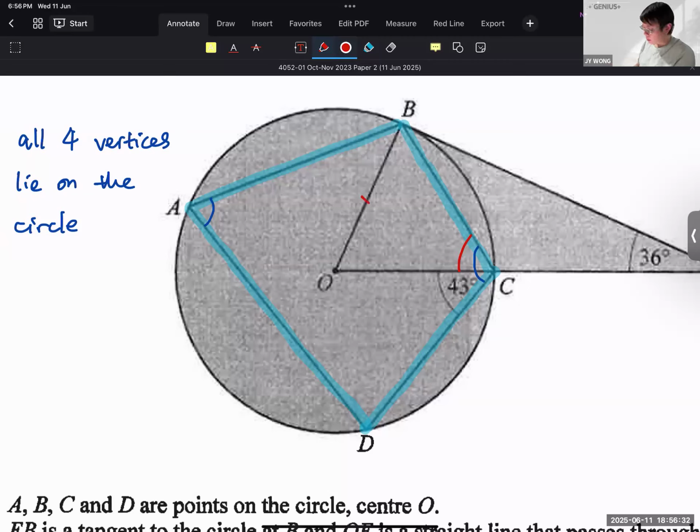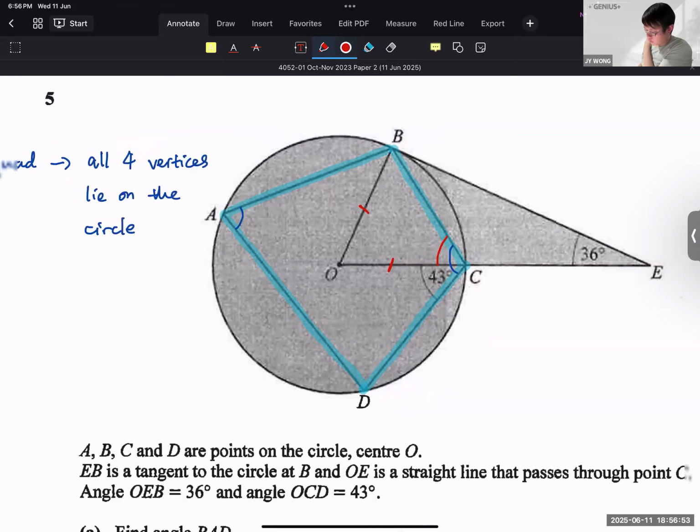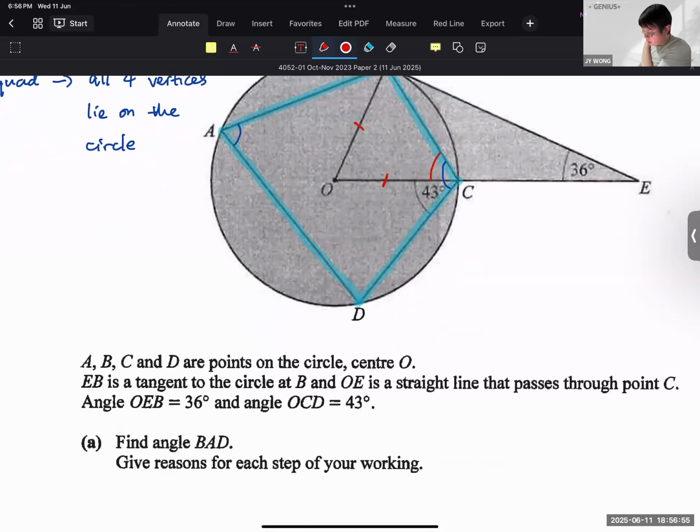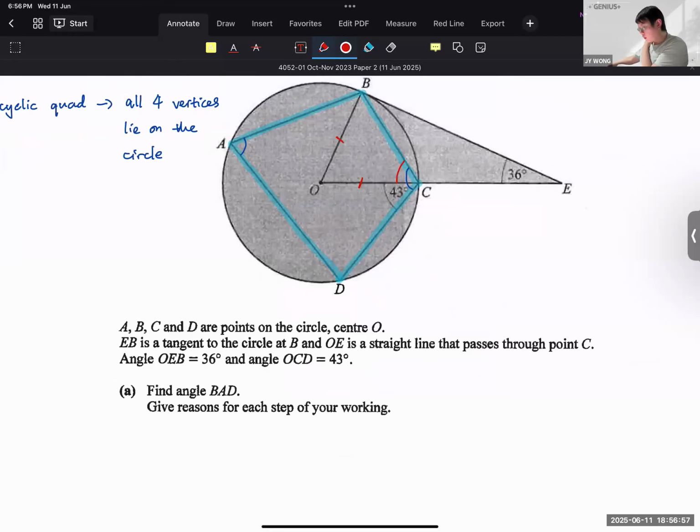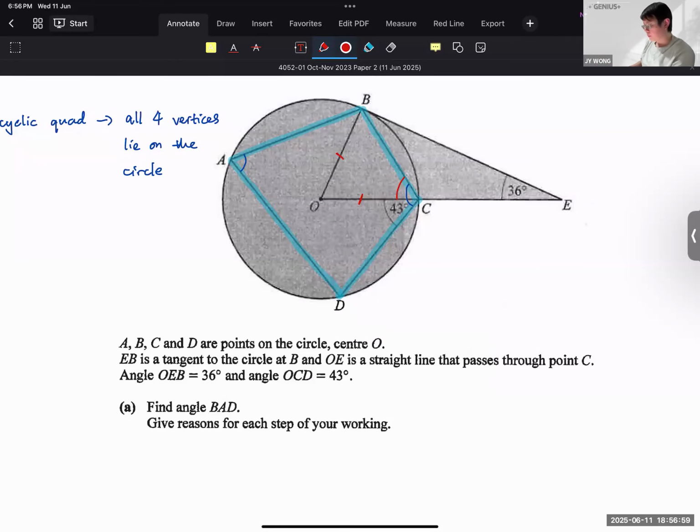First thing, always remember that in a circle, when you have a triangle inscribed with it from the center, you must always label the radius because it will always form an isosceles triangle. Because it always forms an isosceles triangle, what can we do?